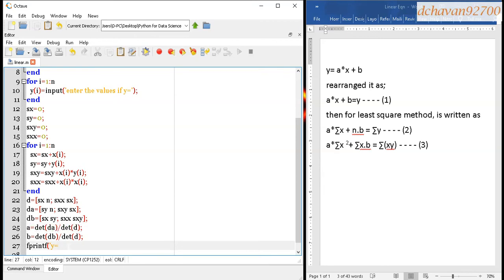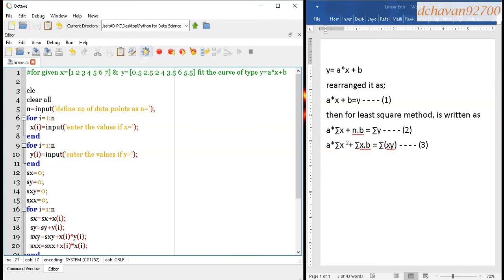Okay, so percentage f into x plus, now b is again what? The floating value. So again we use percentage f, inverted comma complete. So first percentage f is for what? A, and second percentage f is for what? B.